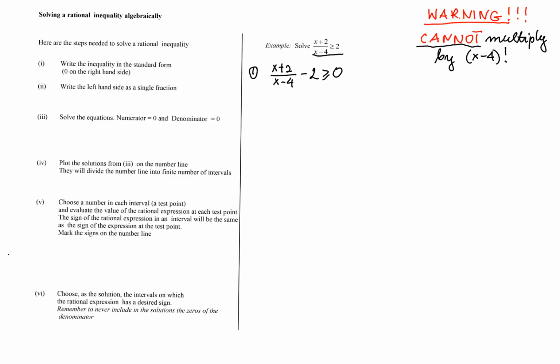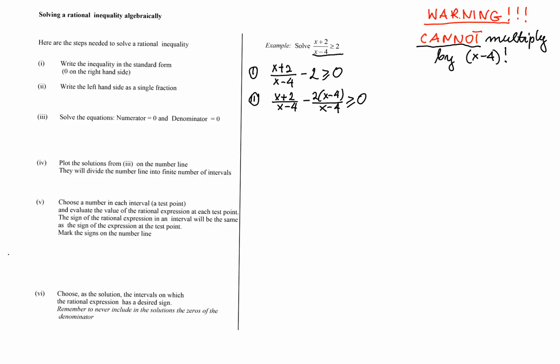The next step that will simplify the process is to combine the terms on the left and write it as a single fraction. That means we'll have to introduce a common denominator, which in this case is going to be x - 4, and therefore 2 will have to be multiplied by (x - 4)/(x - 4).